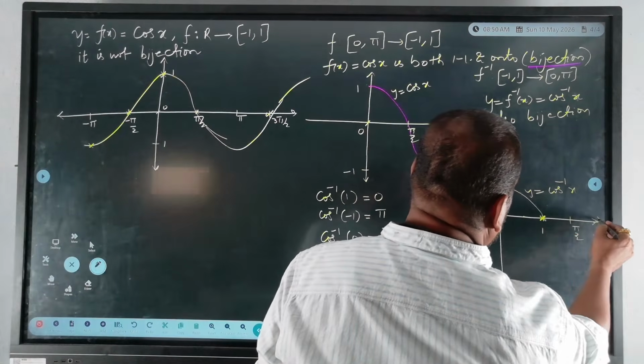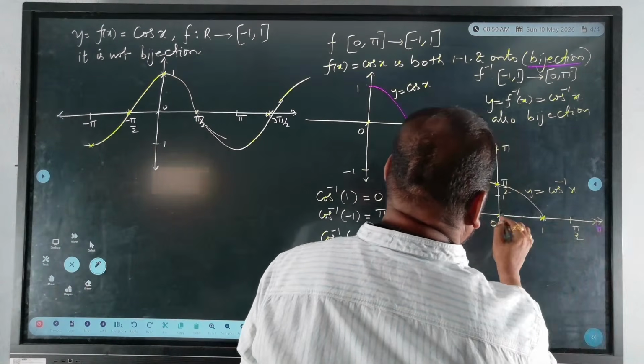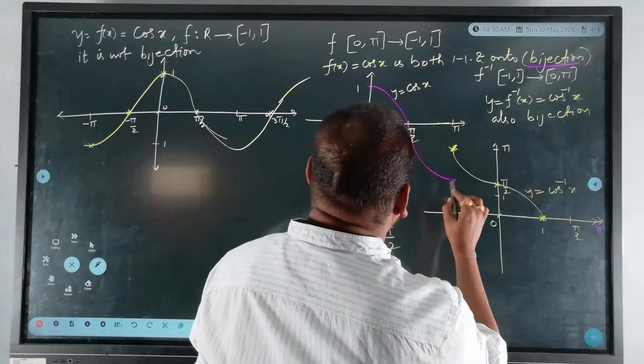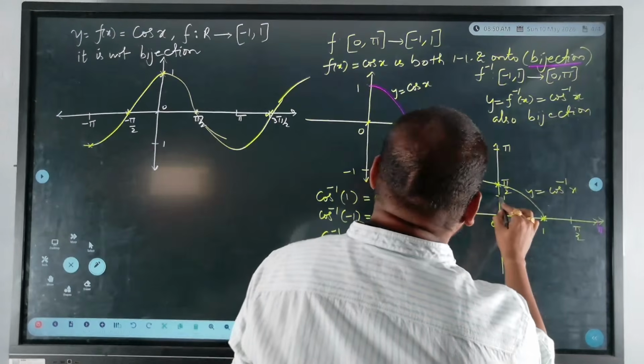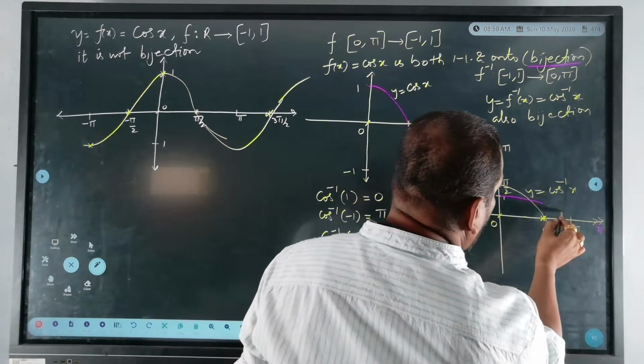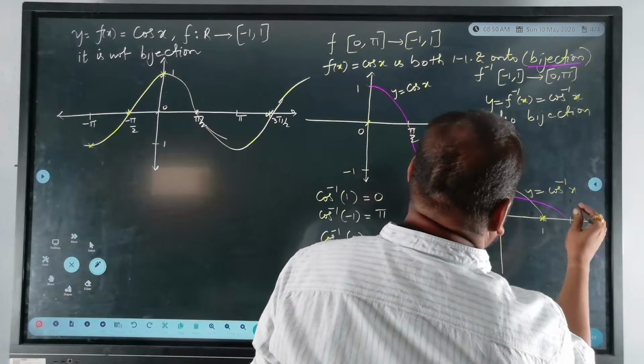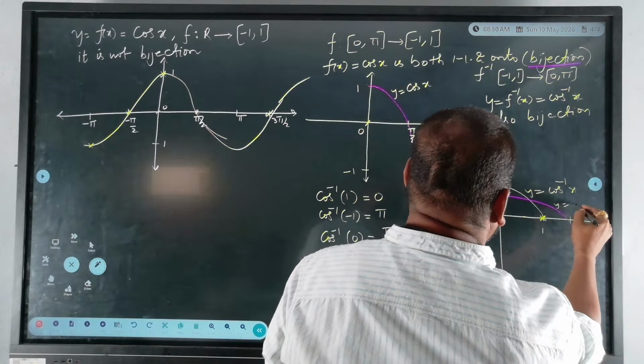So this is pi by 2, this is pi. So if you want to take this, y is equal to cos x square.